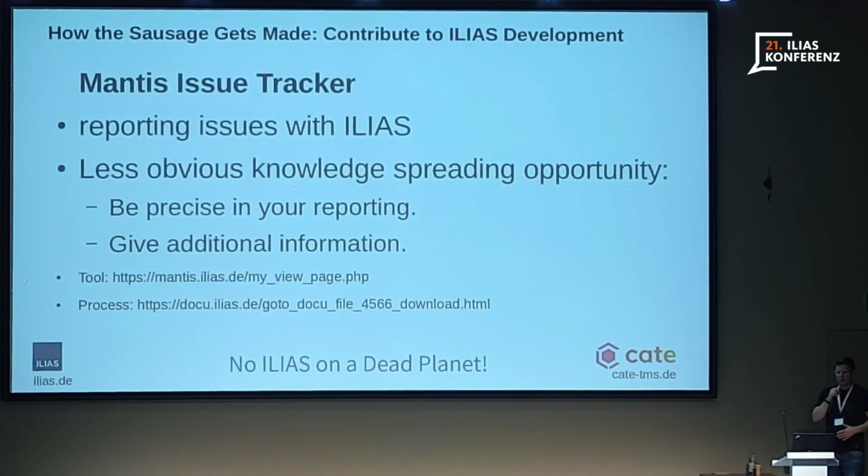You see that's an emotional topic for me, reporting in the bug tracker. Go to the tool, make an account if you like to, look up the process in the paper I've linked, and please, please, please remember my bit, be precise, and give additional information.